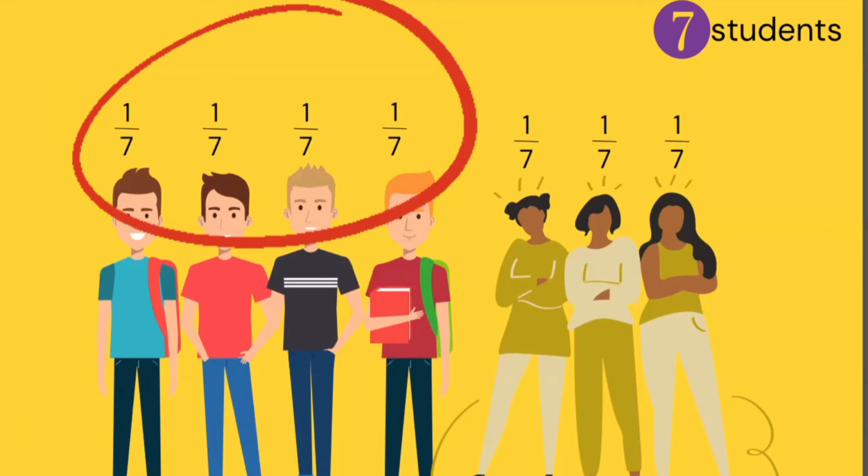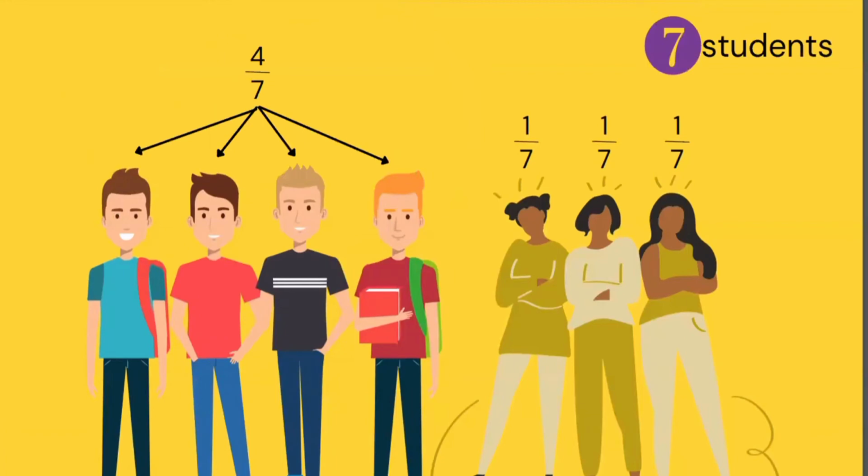Well, there are 4 boys, and we see here each one is 1/7 of the class. 1/7, 1/7, 1/7, 1/7. How many parts is that? That's 4 parts out of 7. So we can say that the fraction representing the boys is 4/7.